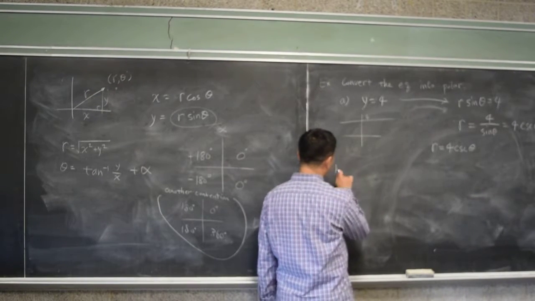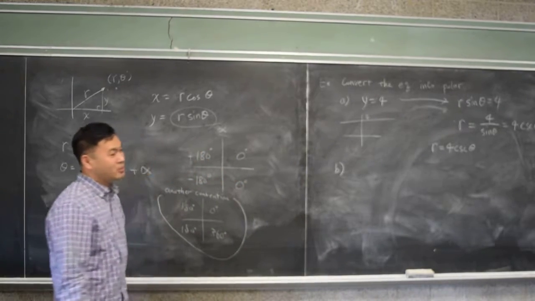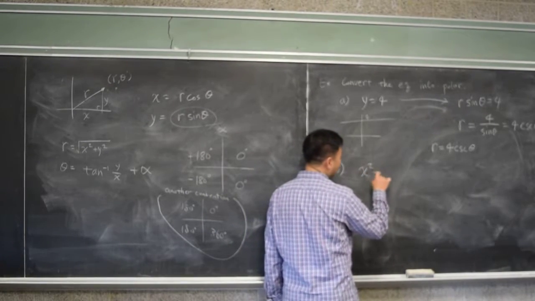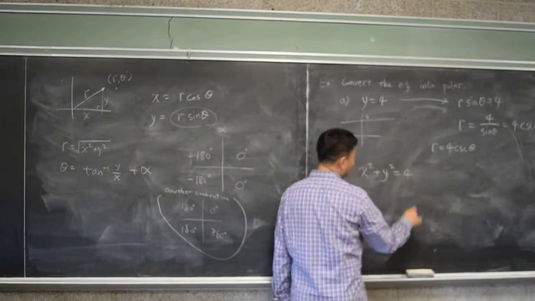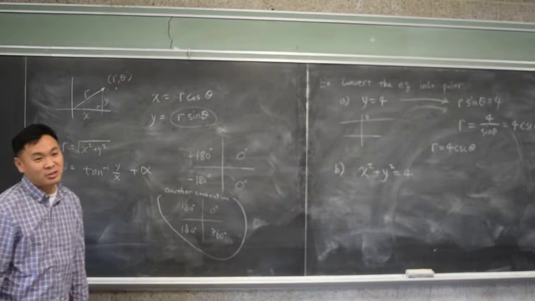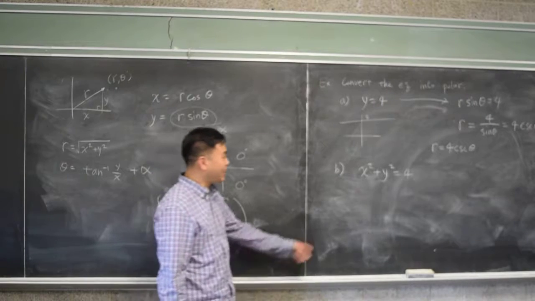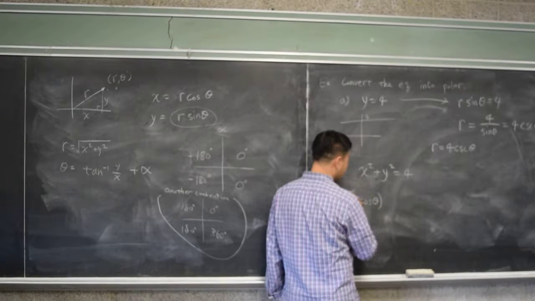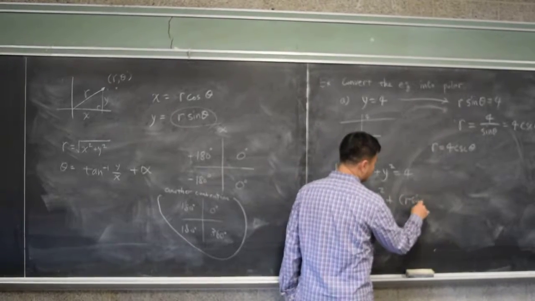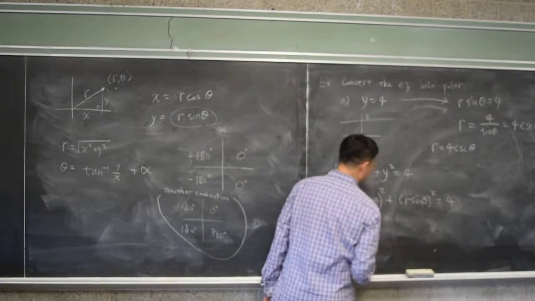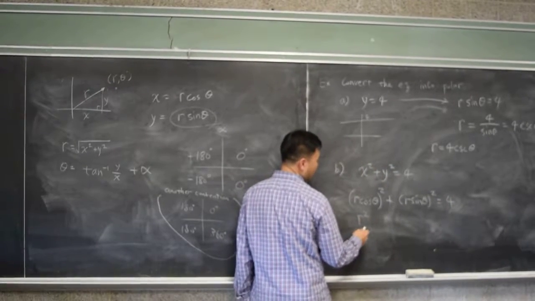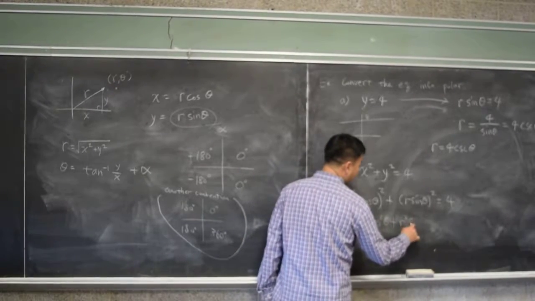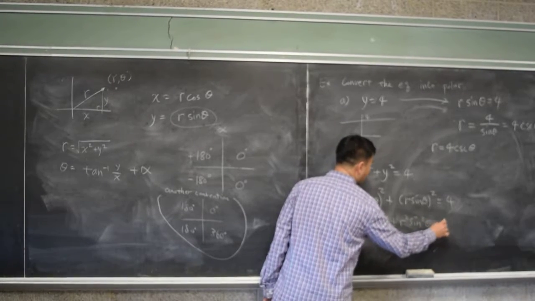Now, let me show you another one which is more obvious than the first one. Think about x squared plus y squared equal to 4. How would you convert this into polar? You see x, what do you do? Replace it by r cosine theta. Which gives r squared cosine squared theta plus r squared sine squared theta equal to 4.